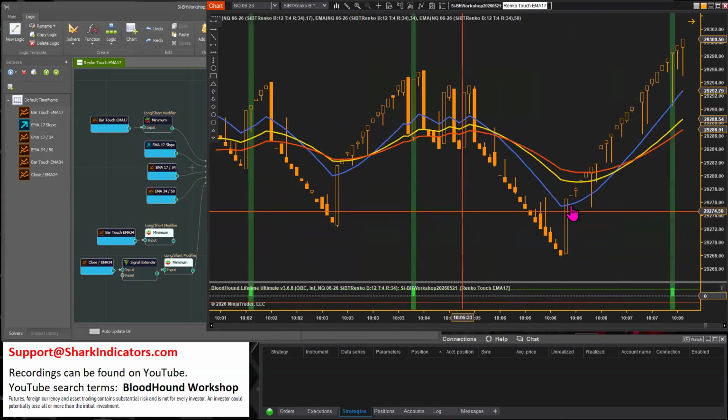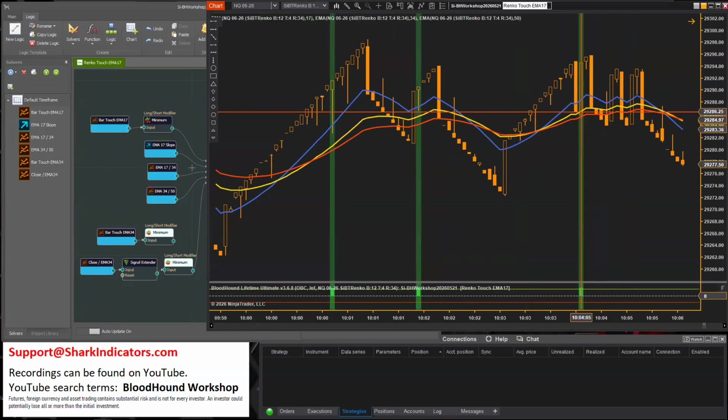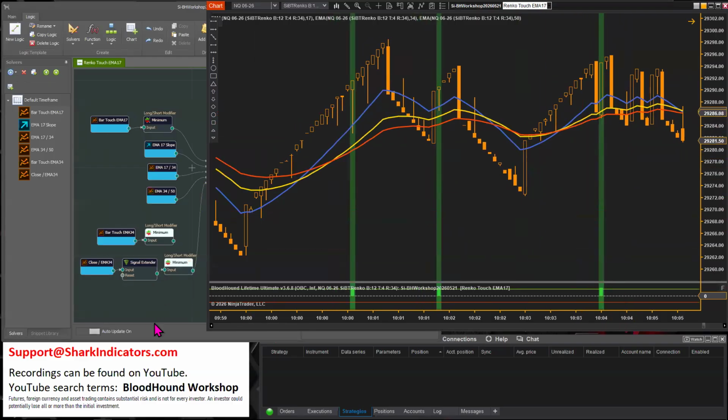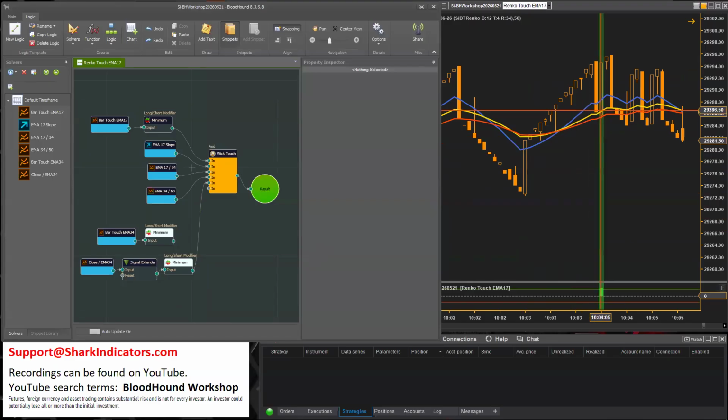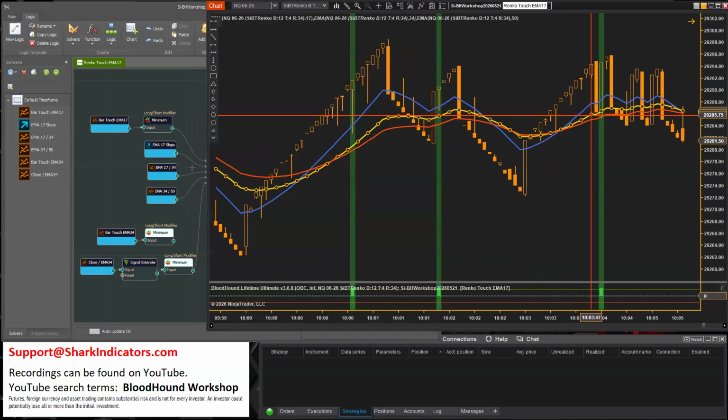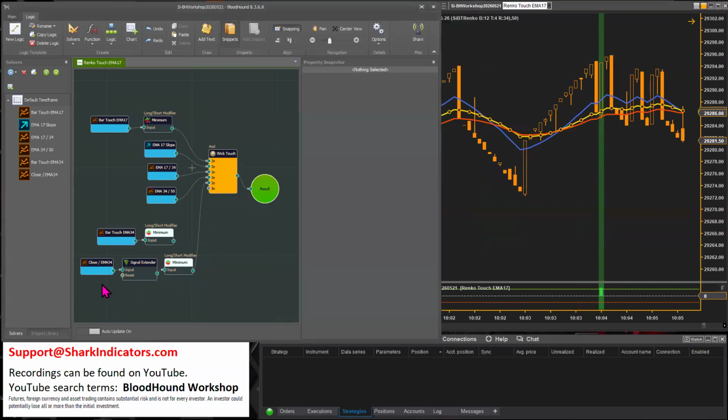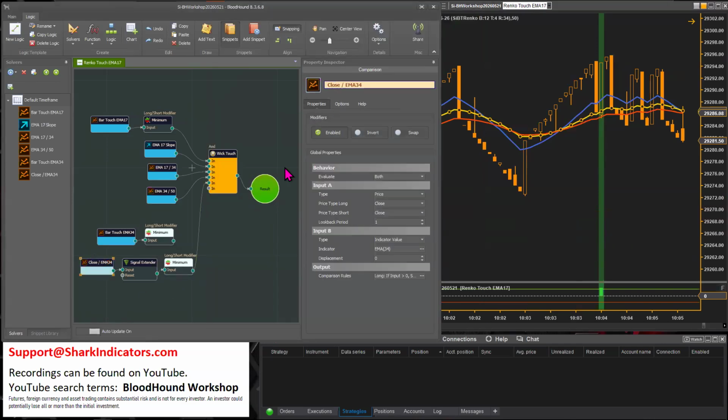Let's see if I could find another example. Yeah, right there. There we go. So the close didn't actually cross the EMA 34, and so that signal appeared right there. So remember, this system's looking at the closing price. But if we just go to the bar touch, there you go.